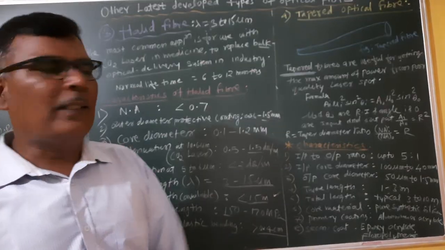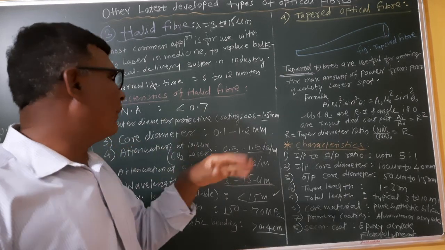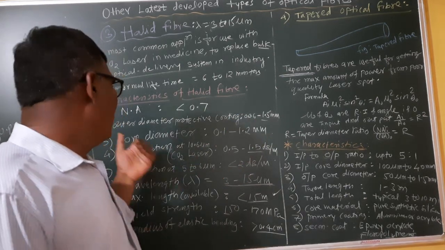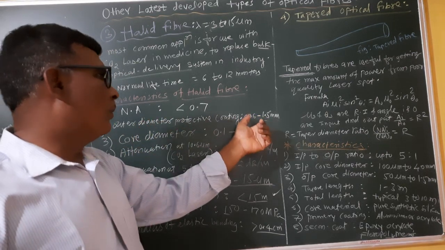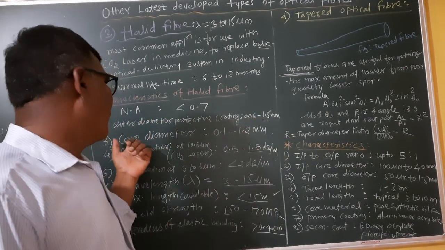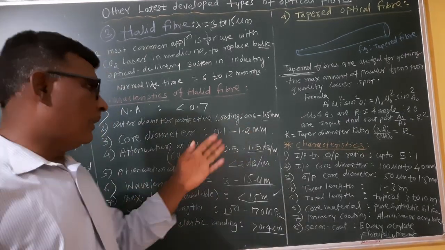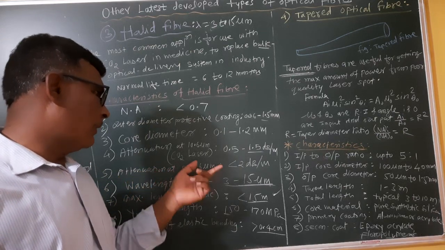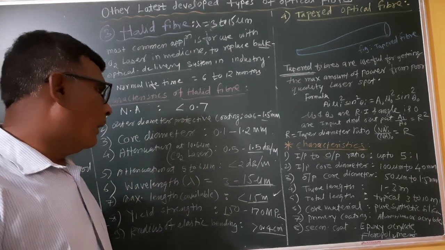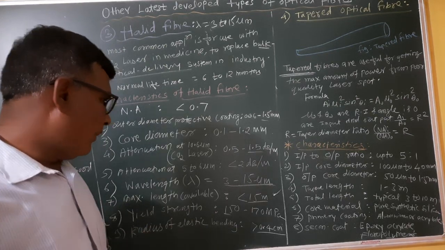What is the wavelength? 3 to 15 micrometer. What is the diameter? The protective coating diameter is 0.36 to 1.5, and the core diameter is 0.1 to 1.2 mm. Attenuation is 1.5 dB per meter, and for 5 to 6 micrometer it is greater than 2 dB per meter.